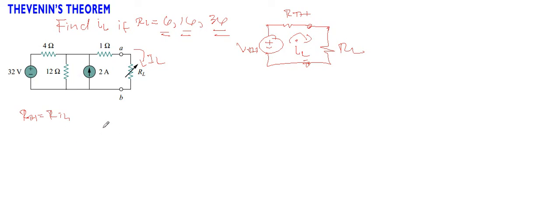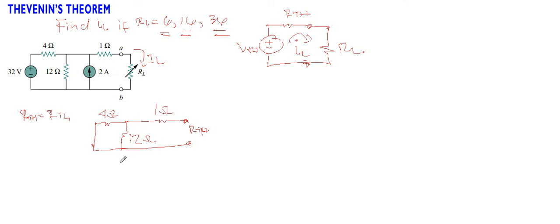Now, we have 4 ohms and 12 ohms, and 1 ohm. So, we find our RTH here, at the terminal. If you notice, where our load is, that is where we get VTH and RTH.